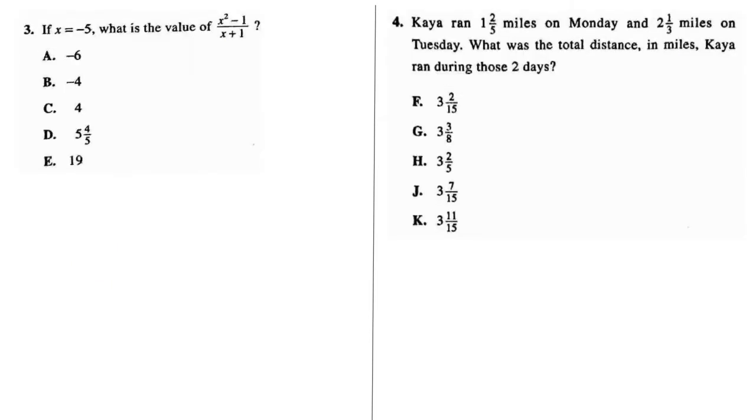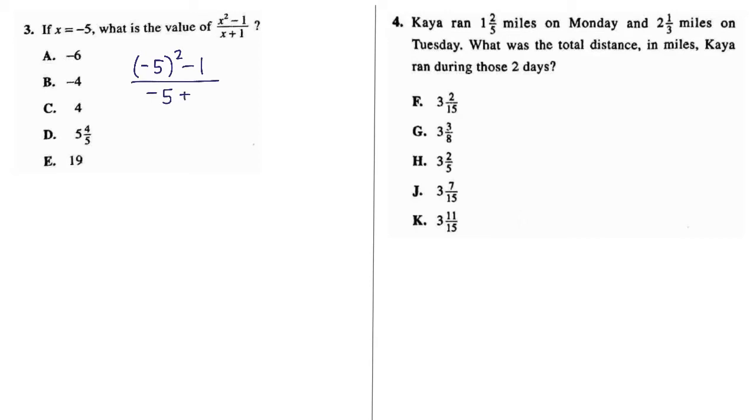Okay, moving on to number 3. If x equals -5, then what are we going to get for this expression? Really, this is a really good calculator problem. If you plug in -5 squared, make sure when you type this in your calculator, you use parentheses.